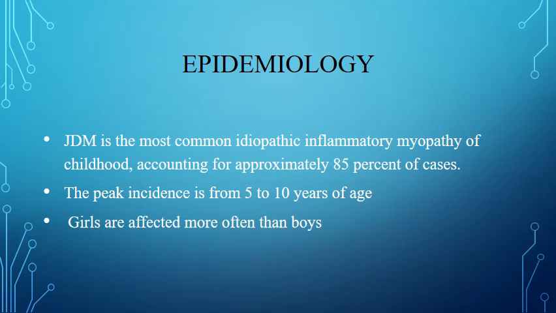The epidemiology of juvenile dermatomyositis. Juvenile dermatomyositis is the most common idiopathic inflammatory myopathy of childhood, accounting for approximately 85% of the cases. The peak incidence is from 5 to 10 years of age. Girls are affected more often than boys.